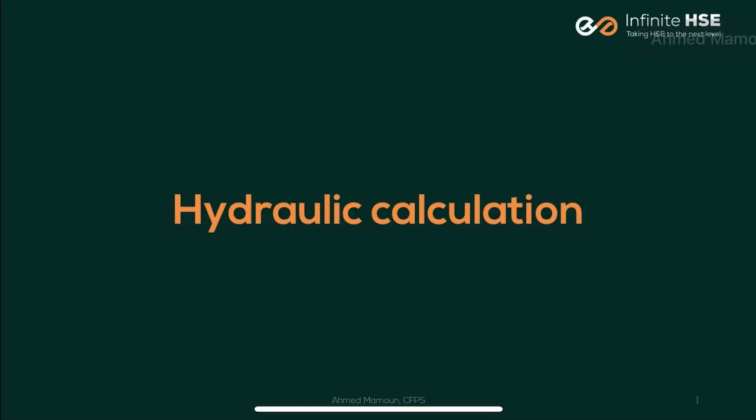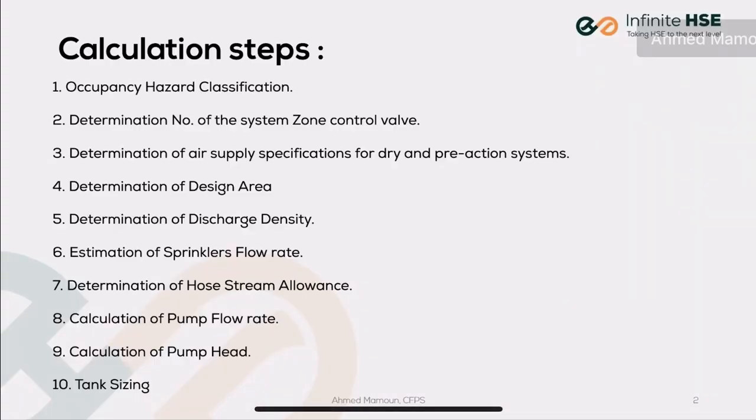We will start today with hydraulic calculation. We will talk about the hydraulic calculation steps. We already talked about these steps before, but this is a summary. The first thing we start with is occupancy hazard classification, and after that we go to the determination of the number of system zone control valves.